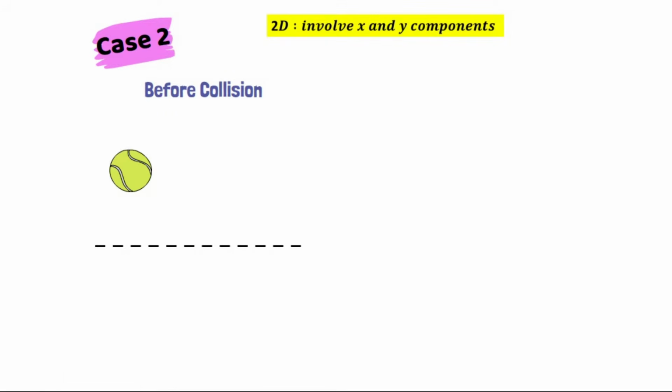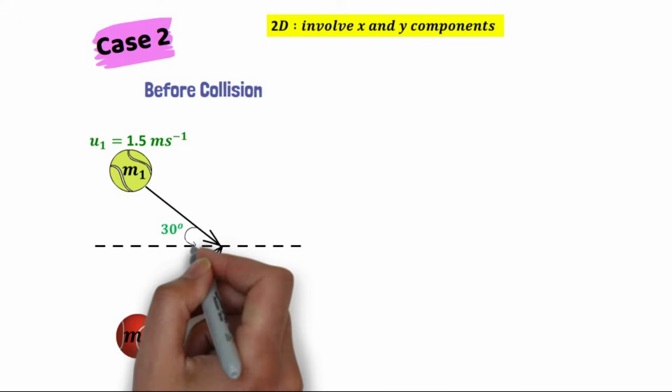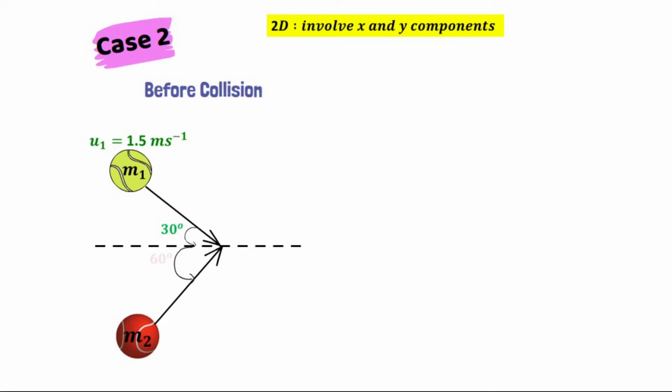Sekarang kita beralih kepada kes yang kedua yang melibatkan 2D collision, di mana before collision, we have two objects, di mana ball 1 bergerak di arah seperti yang ditunjukkan at angle of 30 degree. Dan M2 juga bergerak pada arah ini at angle of 60 degree. So, bila pergerakan objek melibatkan angle seperti ini, we need to resolve U1 and U2 into X and Y component.